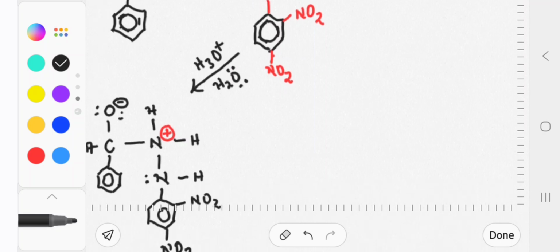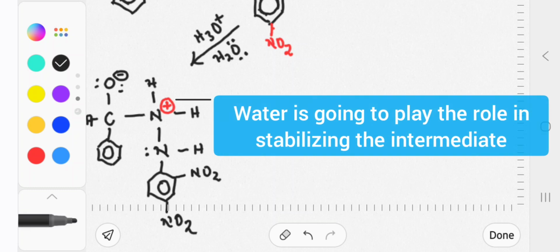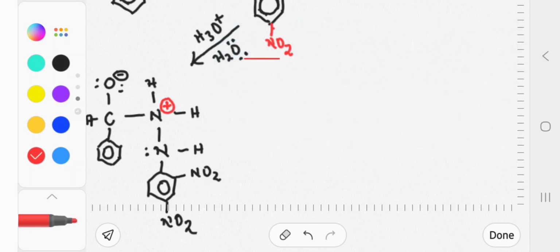So in this case, what is going to happen? You see this nitrogen itself would need to stabilize. What will happen is the electrons from the oxygen here, water is going to pick up the hydrogen. When it picks it up, it's picking up just this hydrogen, because nitrogen is going to withdraw these bonding electrons to itself.